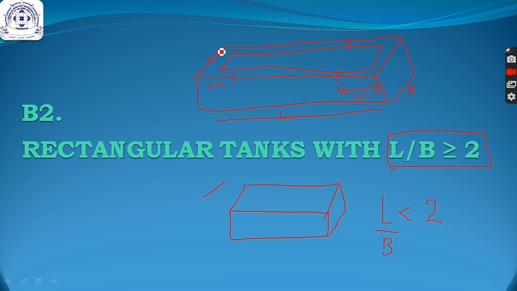Similarly for this short wall. In the L by B less than 2 case, we assumed that this short wall was supported by the whole length of the long wall and this long wall was supported by the whole length of the short wall. But here we assume, this is an assumption, that only the end 1 meter portion of the long wall is able to resist or support the short walls.